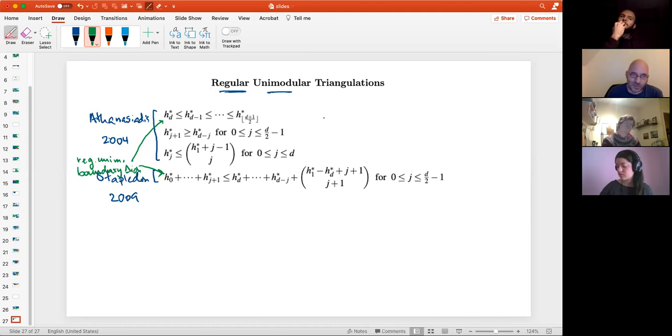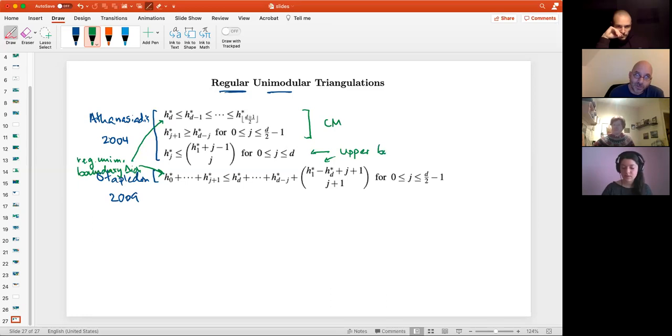Let me throw in two or three terms here, because it connects to the other lectures. These first two constraints come from some Cohen-Macaulay properties. There's a simplicial complex, actually a geometric simplicial complex, and you can prove it's Cohen-Macaulay, and then these things follow. These two follow from the upper bound theorem for simplicial polytopes.